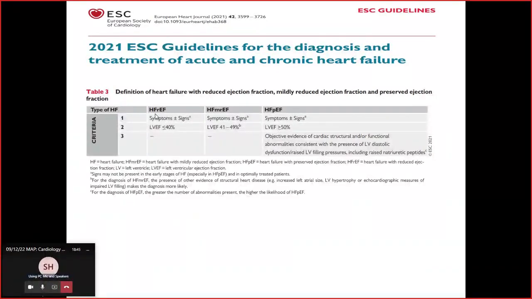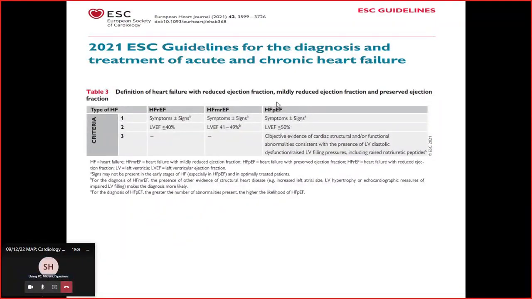So symptoms and signs, and then number two is the ejection fraction, to classify whether the patient has heart failure with reduced ejection fraction if the ejection fraction is less than 40%, or with preserved ejection fraction if it is more than 50%.